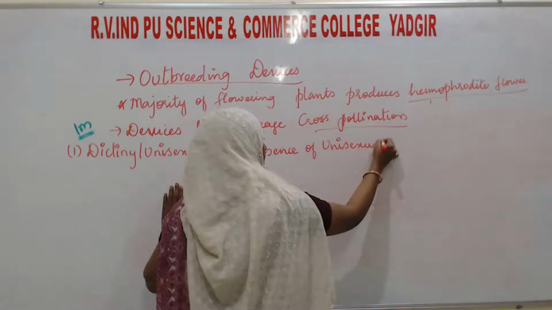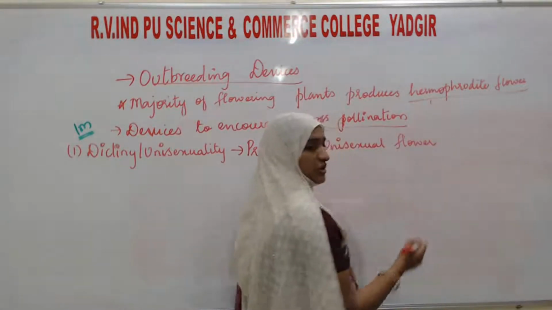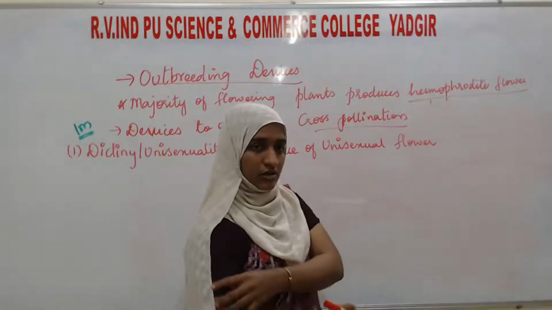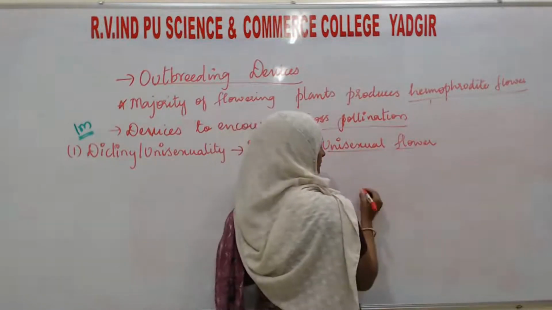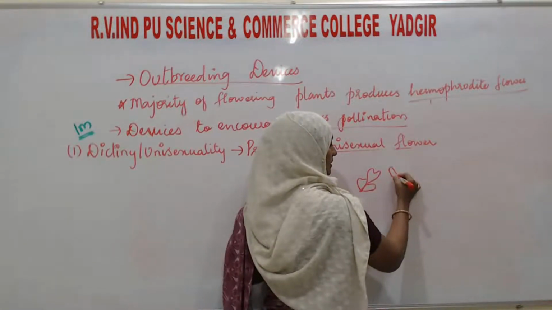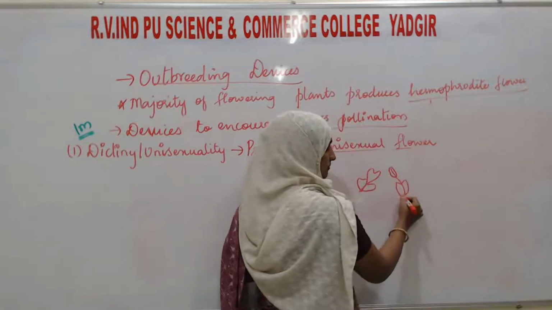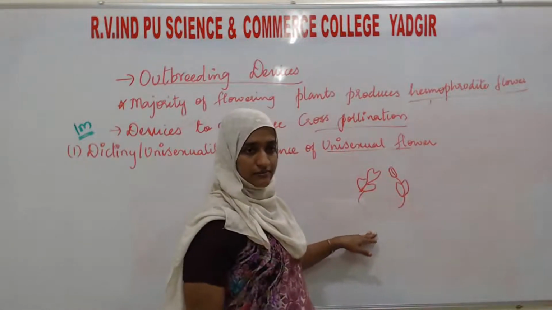In flowering plants, the majority of them are bisexual. If rarely a unisexual flower is there, for example, stigma in one flower, anther in another flower, this may result in what? Cross pollination.